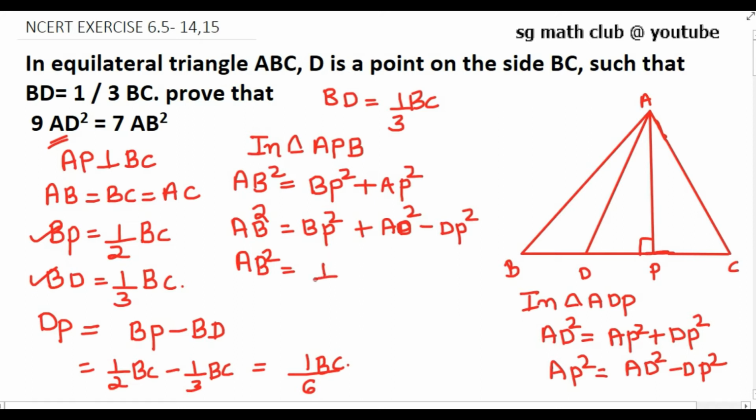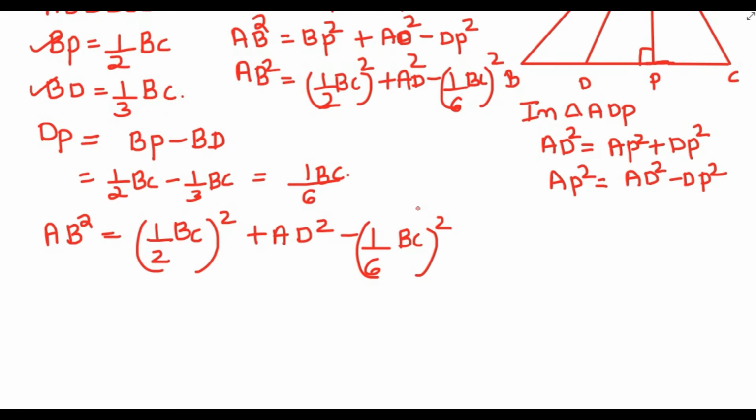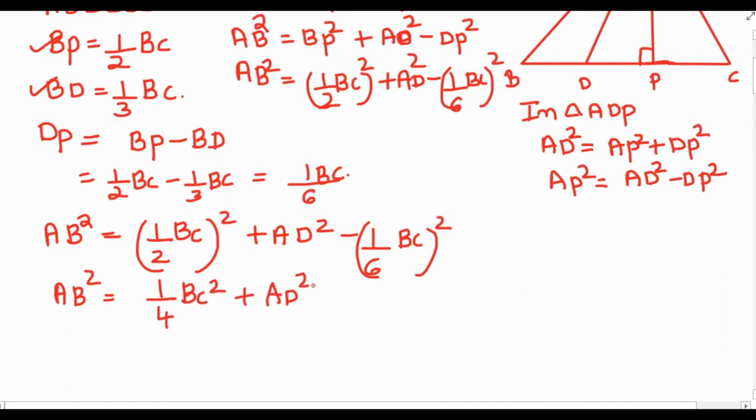BP square I will write as half BC the whole square, plus AD square as such, and DP square as 1 by 6 BC the whole square. Now we need to simplify this. AB square is equal to 1 by 4 BC square plus AD square minus 1 by 36 BC square.